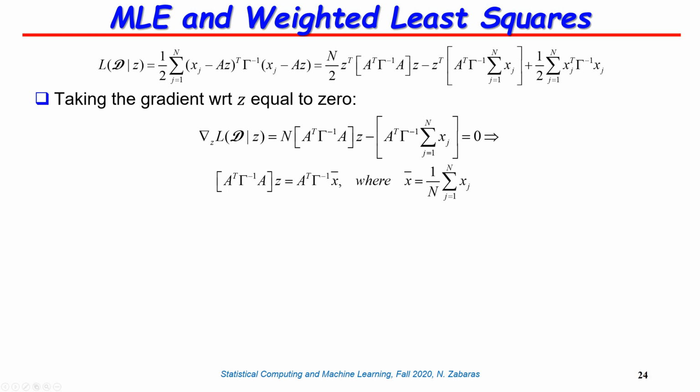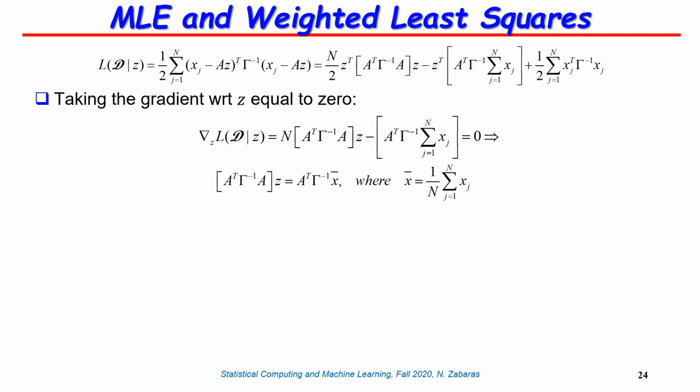So the unknown vector z is given by the solution of this linear system of equations. For those that are familiar with least squares, you remember that in least squares you always get a matrix on the left hand side of the form A transpose A. Here, this matrix is A transpose gamma inverse A.